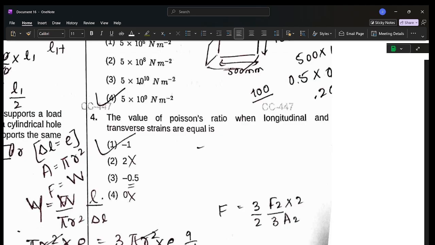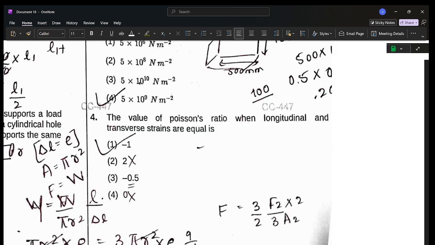First and foremost, understand the situation. Imagine a rubber band or a wire. If you pull it, its length increases and the thickness decreases. If you compress it, length decreases and thickness increases. So whenever a body changes in one direction, it also changes in the perpendicular direction. That sideways effect is what's captured by Poisson's ratio.